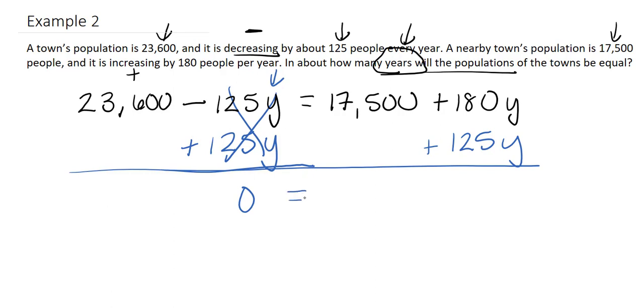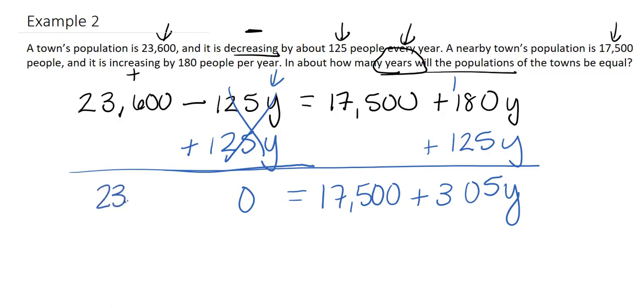And then we have 17,500 just brought down, plus, because these are just two positive numbers, so it's just going to be increasing. 0 plus 5 is 5, 8 plus 2 is 10, carry the 1, so that's a 3. Don't forget the variable. And then on the left, we just bring down this number.